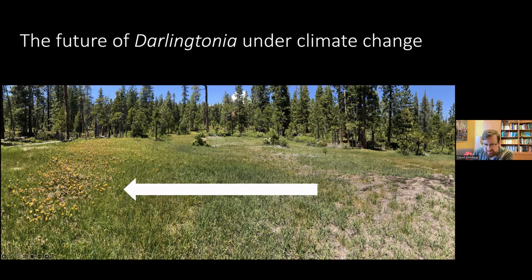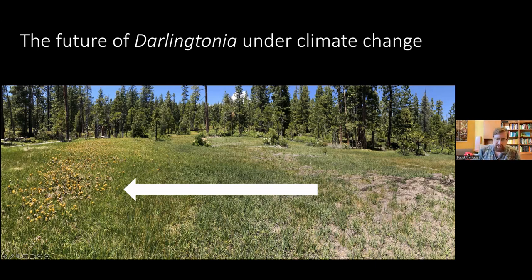Here's a site, I think this is by Lake Eleanor in the Trinity Alps, where you have this big dead or dying population of Darlingtonia that's dried up. And here is half of the remaining population now.